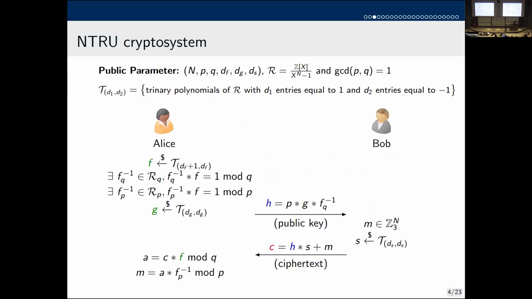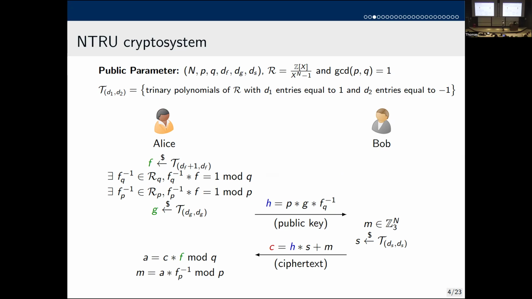So let's start. This is the design of the NTRU scheme, which I think most people know. We have the parameters N, which is the size of the ring, and p and q. p is a small number and q is a large number. They are coprime, and these are two moduli. Then df, dg, and ds describe the number of non-zero terms inside the polynomials.